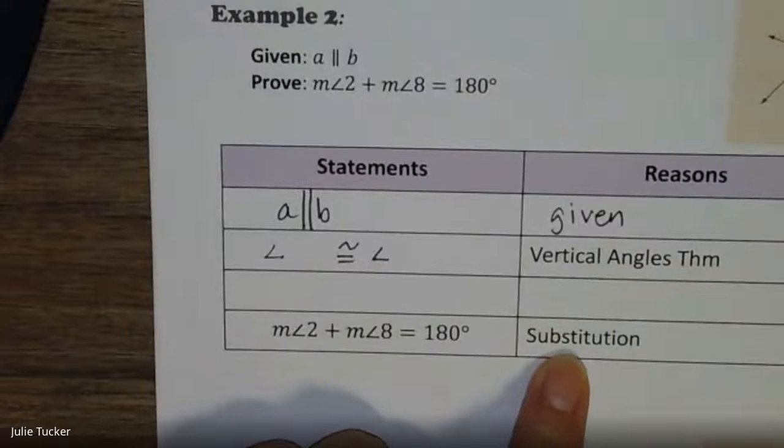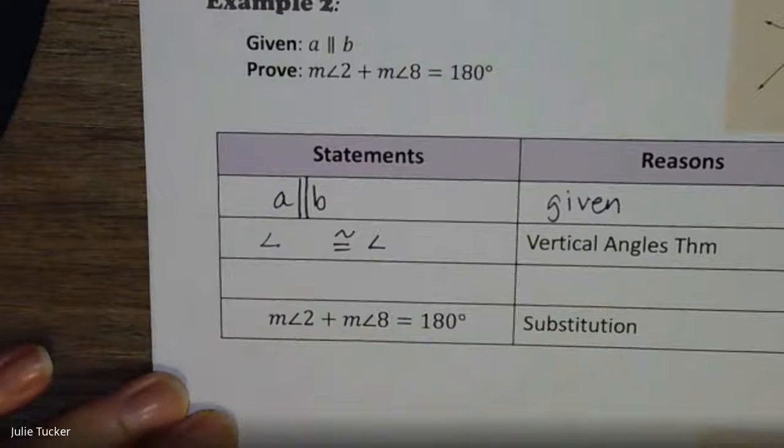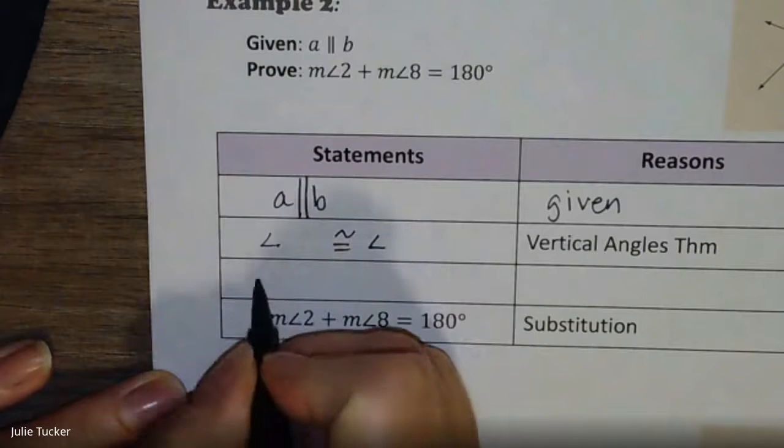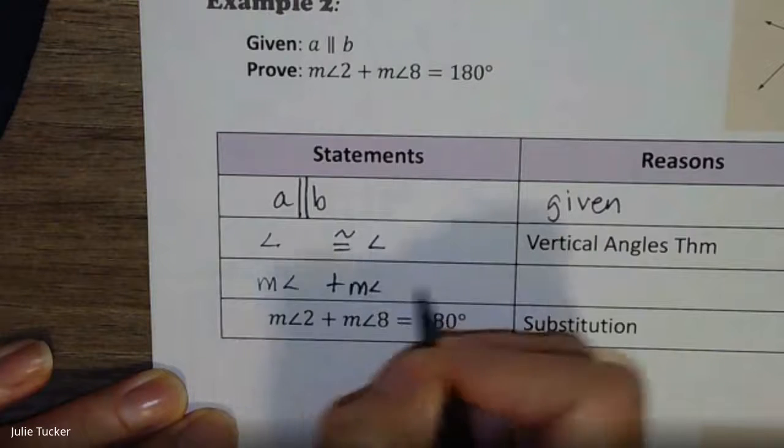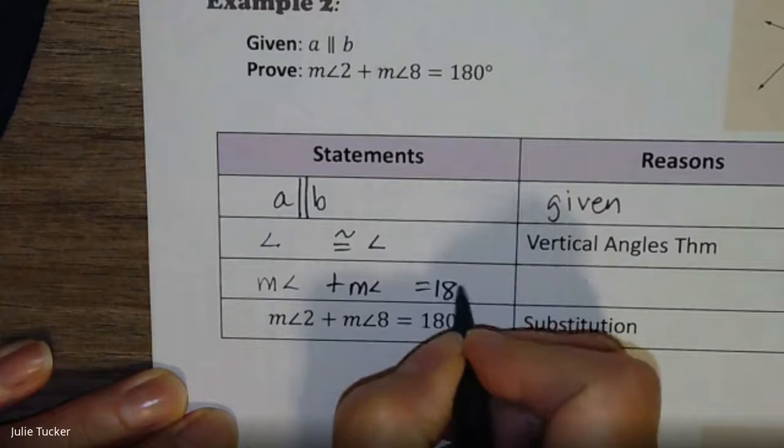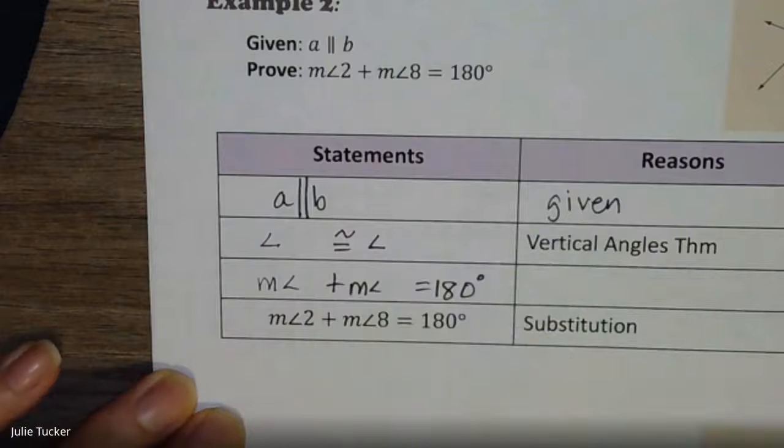It's going to be a substitution. So it's going to be measure of angle something plus measure of angle something equals 180 for it to be a substitution, right? Yeah.